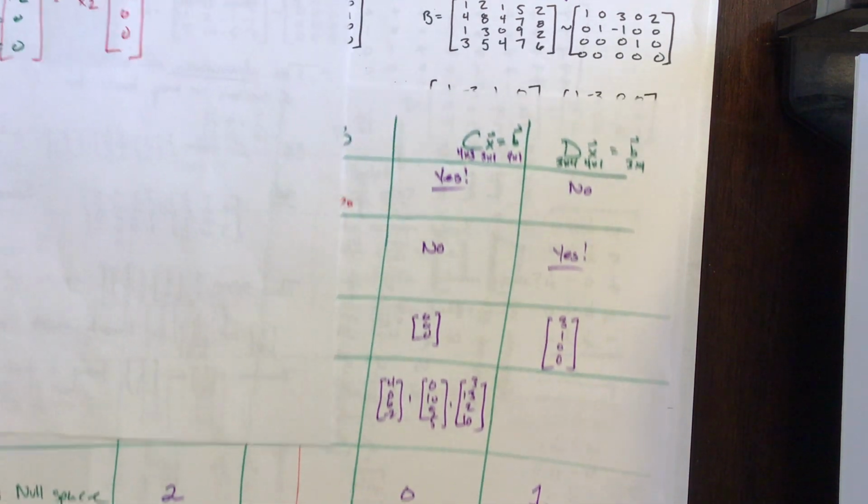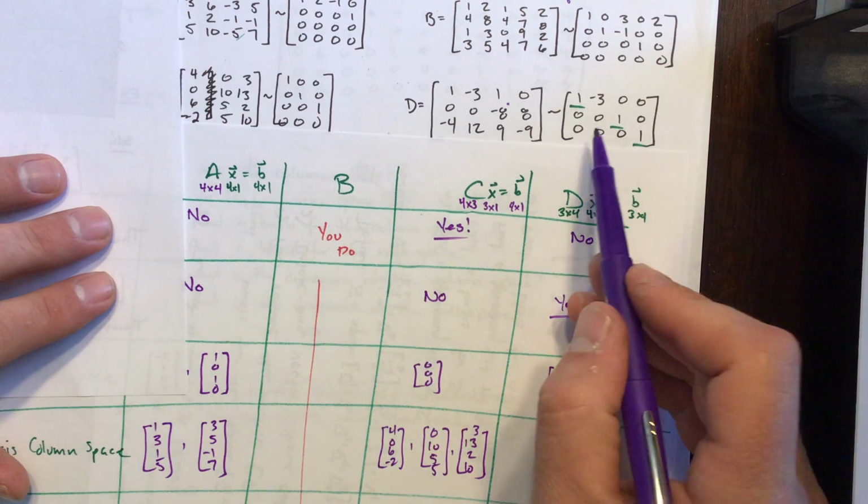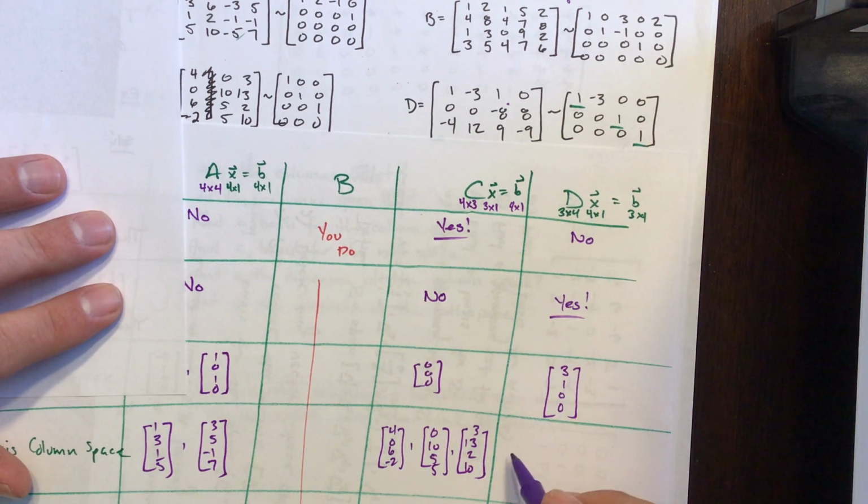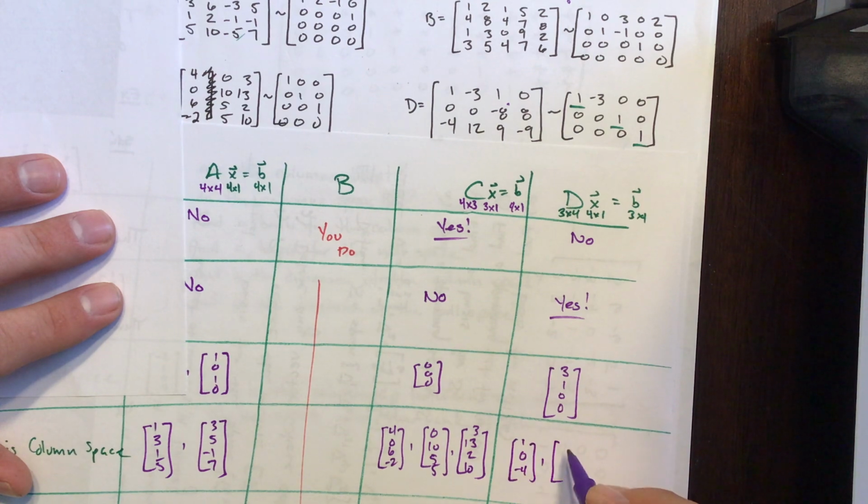The dimension of the column space. So columns 1, 3, and 4 all have pivots. So the column space of D is the vectors 1, 0, negative 4, negative 3, 0, and 12, and 0, 8, and negative 9.